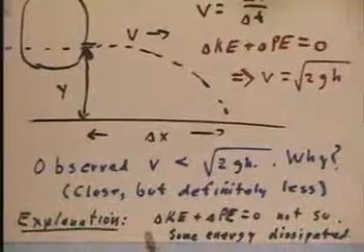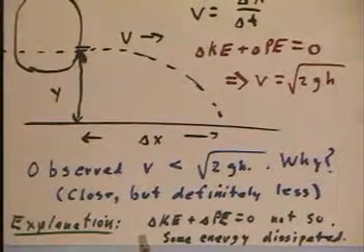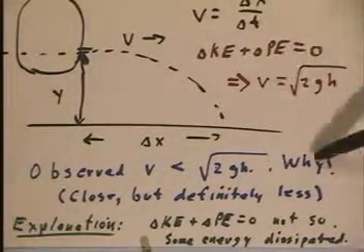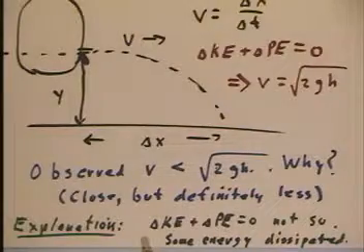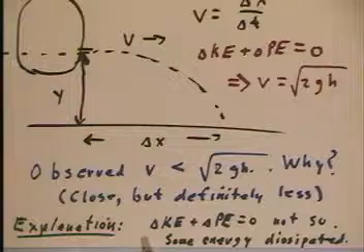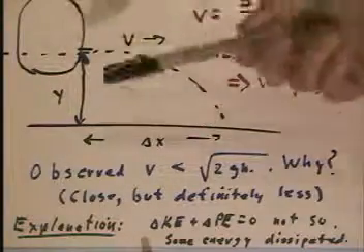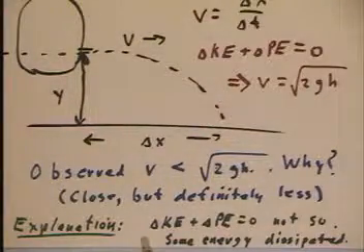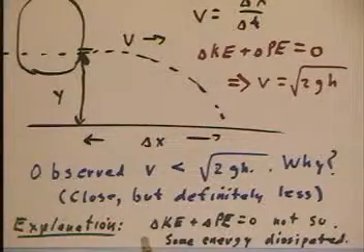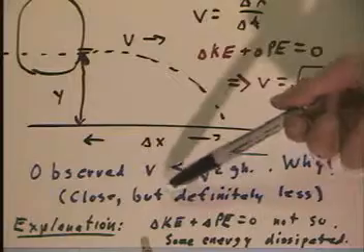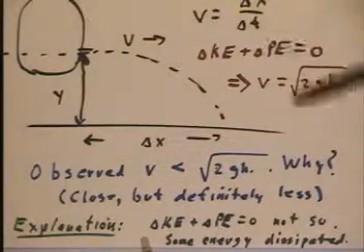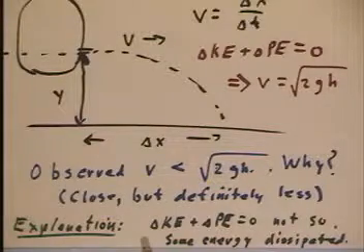Now, what we got in class when we did this, we observed that the velocity was less than the square root of 2gh. Question, why? We'll note that the velocity was close to the square root of 2gh for the height of the water column that was actually measured by the people that measured it. The difference was, I think, about 1.7 meters per second when we should have gotten 1.85.